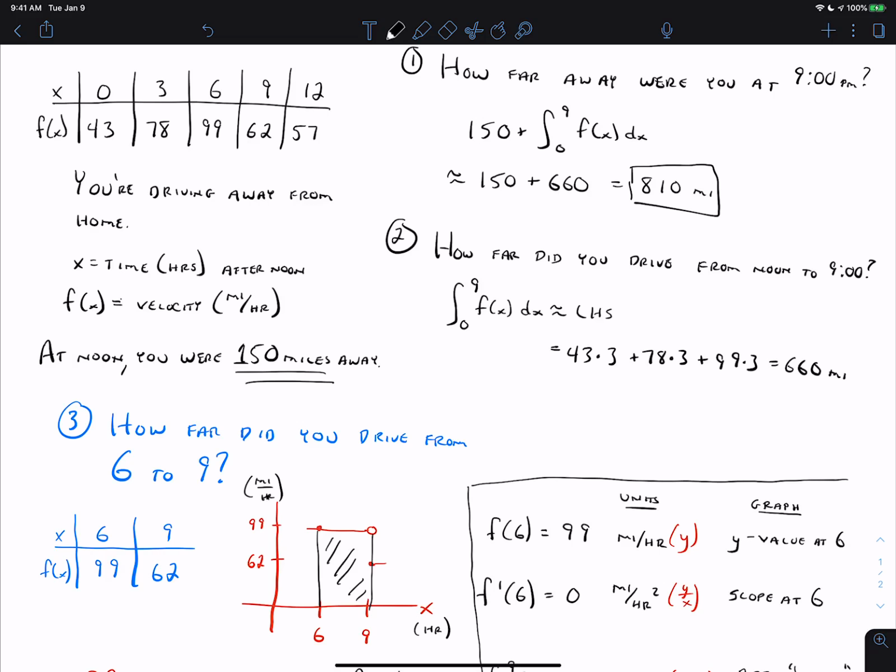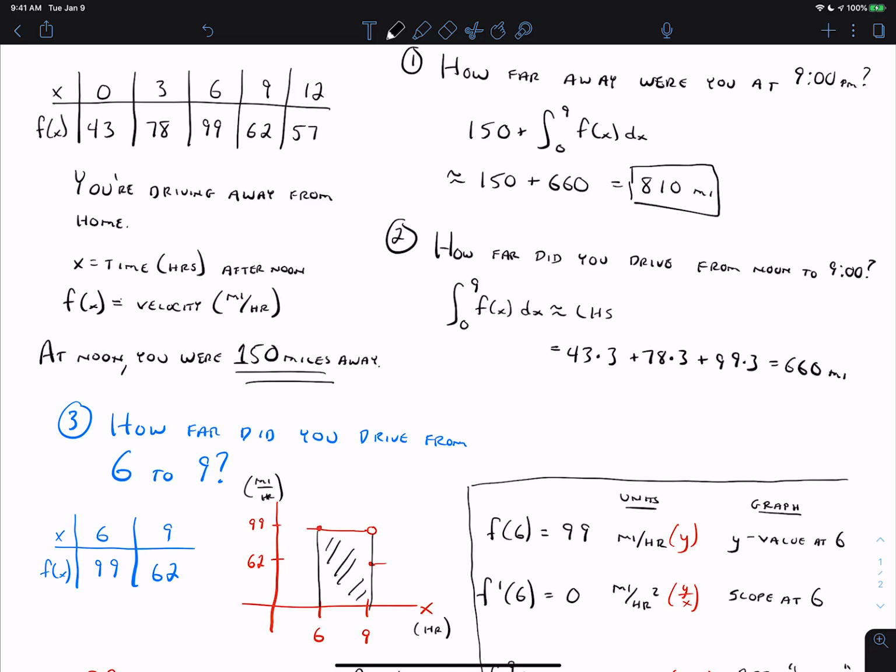In Calc 1, you should have worked through those problems. They tend to be very tedious and difficult and sometimes nearly impossible to calculate using that method. And so you learn about antiderivatives, which is a better way or a more accurate way to calculate when it's possible to find antiderivatives.